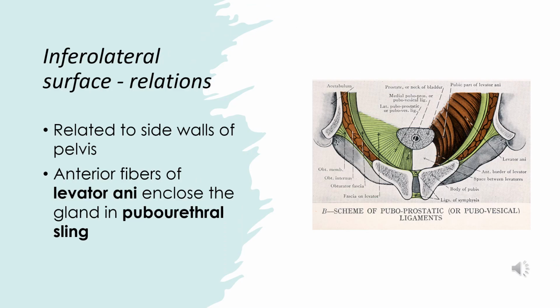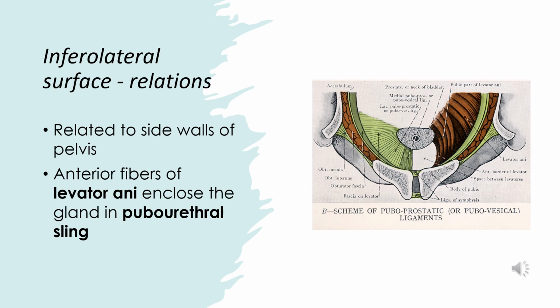Coming to the relations of the 2 infralateral surfaces. The 2 infralateral surfaces of the prostate gland are related to the side walls of the pelvis, and they are also related to the anterior fibers of the levator ani muscle.